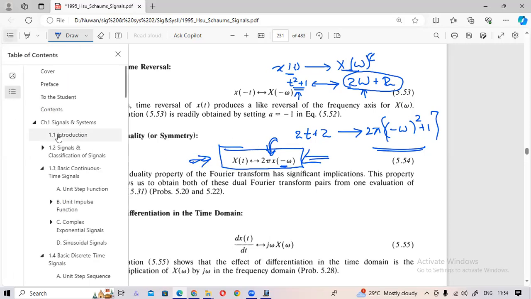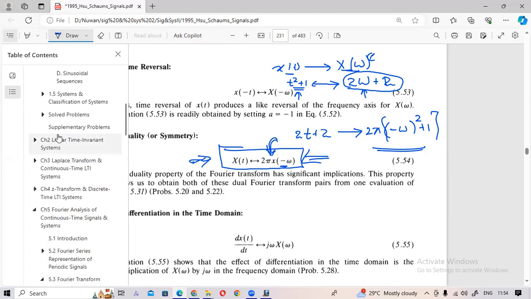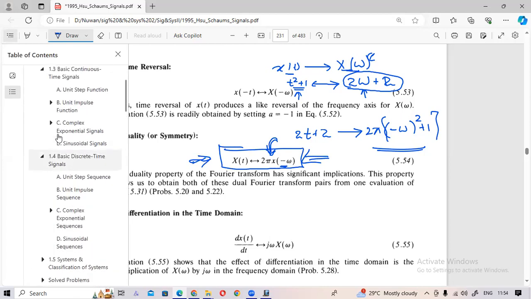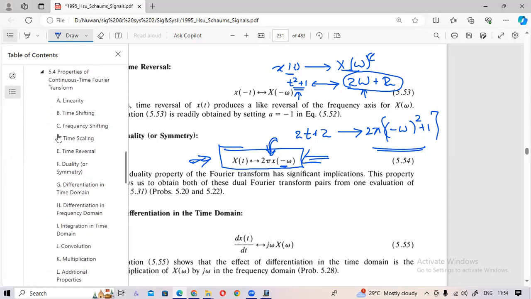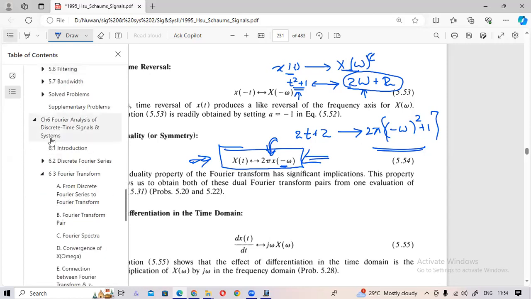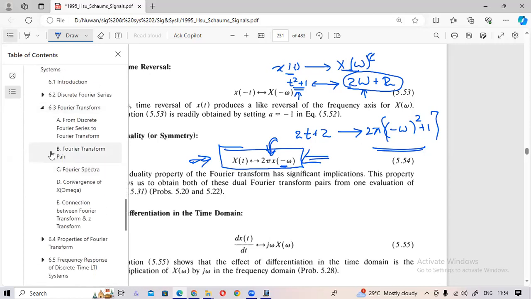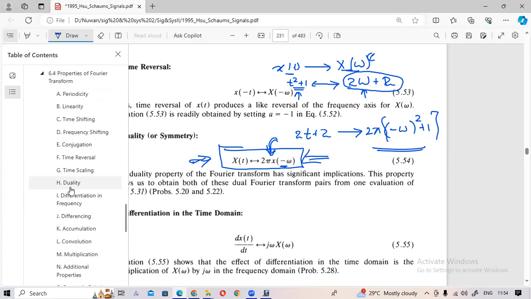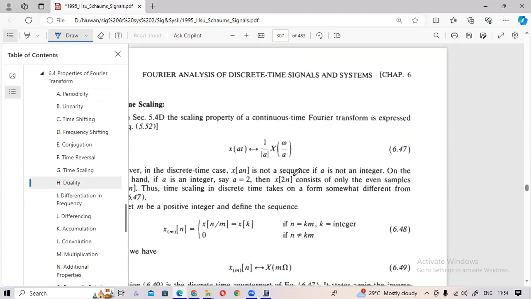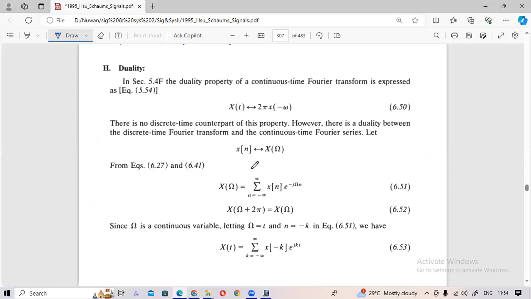But for the discrete time signal, I think the duality property is not defined, as far as I can remember. Here, in the properties of the Fourier transform, the duality property is a continuous time property.